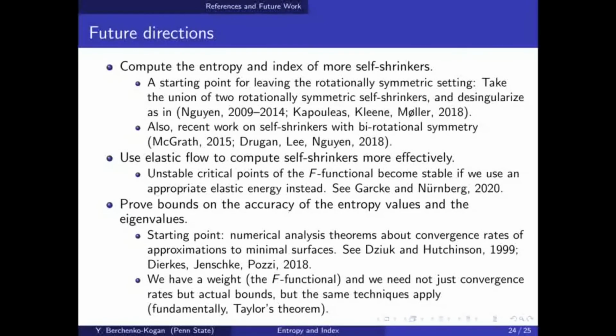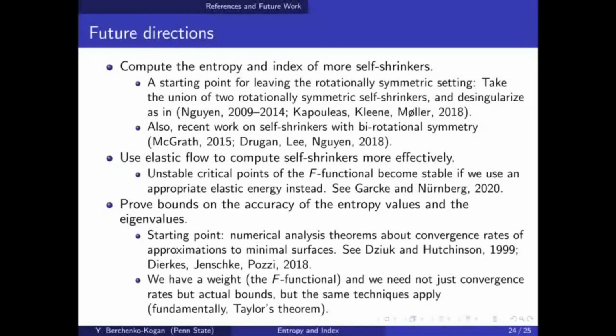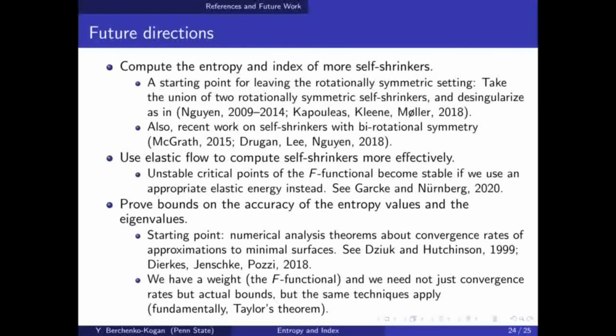This work that I'm citing is in Euclidean space, but we have a weight, and also we want a little more refined analysis. We want not just convergence rates, but we want to have actual bounds. But fundamentally, it's the same techniques. All of these boil down to Taylor's theorem, and Taylor's theorem does give us bounds of how close our approximations are to the real thing in terms of some derivatives of certain quantities, which we should be able to compute and bound explicitly.